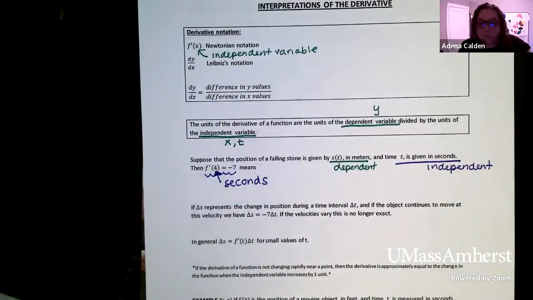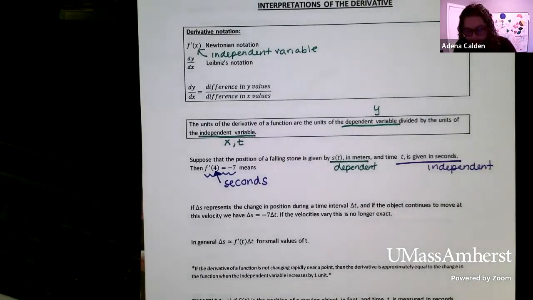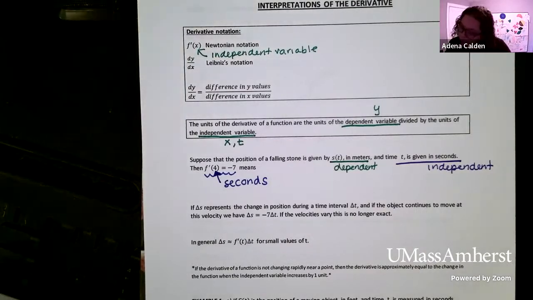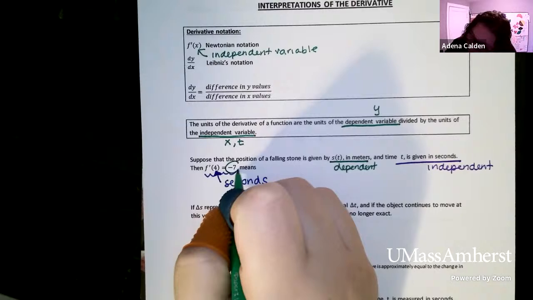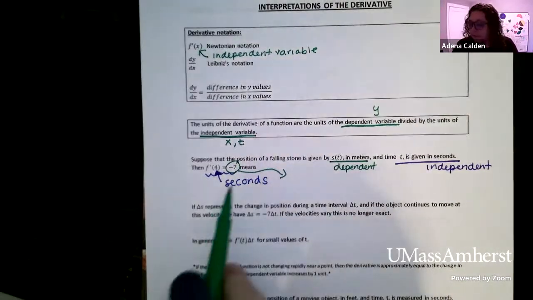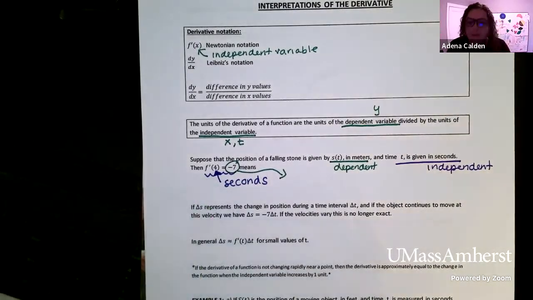When we talk about 4, we're talking about 4 seconds. Now, when we talk about the -7, this is where the derivative units come in, because the derivative equals -7. The rate of change at time equals 4 is -7.